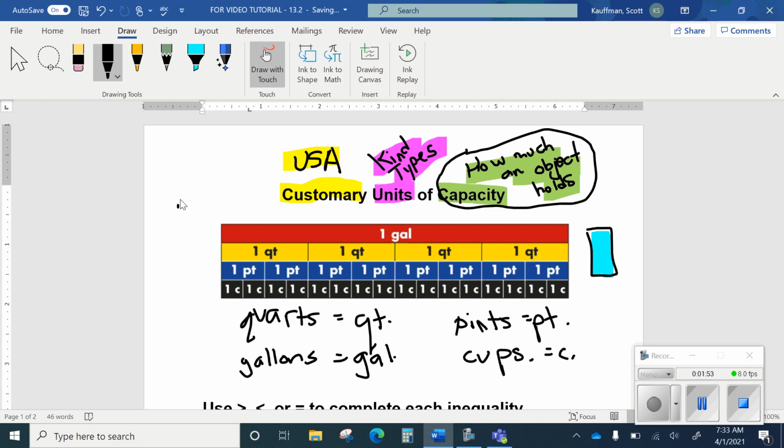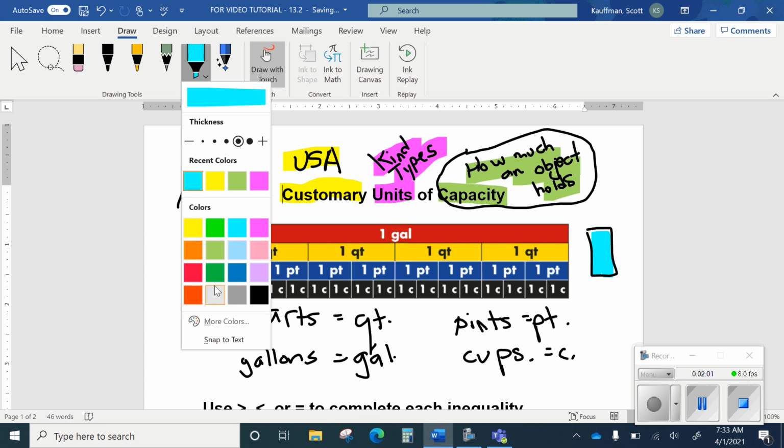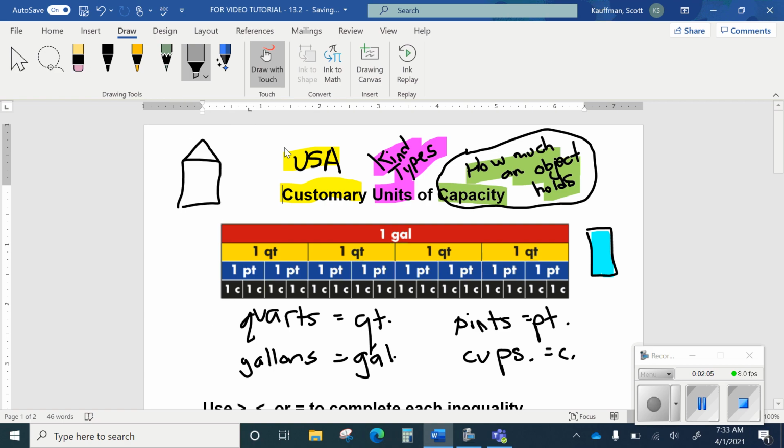If you think of at school, you have your little milk container, which looks like a little house, and you put that chocolate milk in there. What color is chocolate? I don't have chocolate color, so I'm going to just use gray. And that chocolate milk fills up that little milk carton, and you have your little handy dandy straw, which looks like a chimney. That would be capacity also. Okay, so capacity is how much an object can hold.